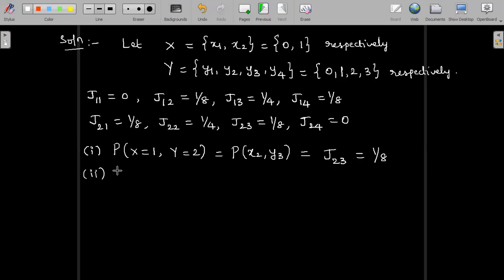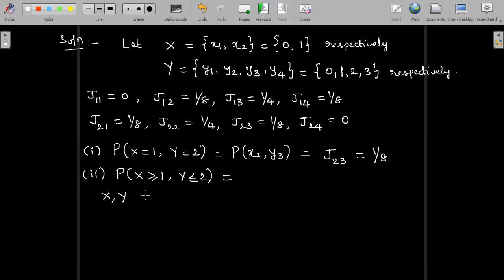So probability of x greater than or equal to 1 and y less than or equal to 2 we have to find out. First we will recognize what all values it can take.